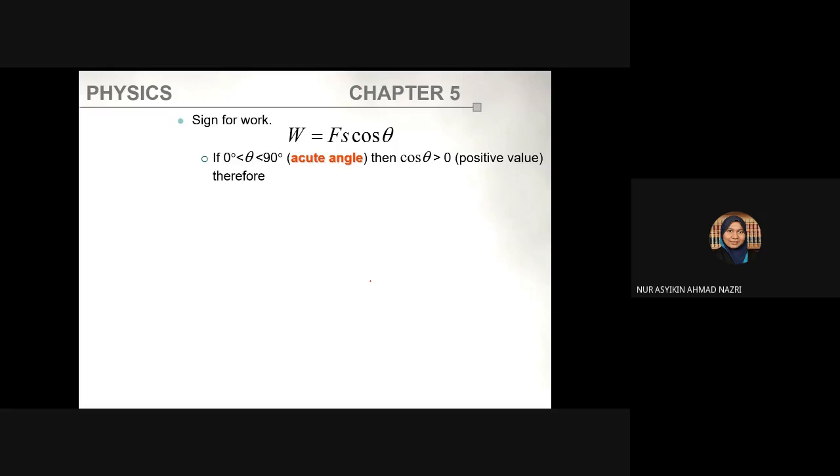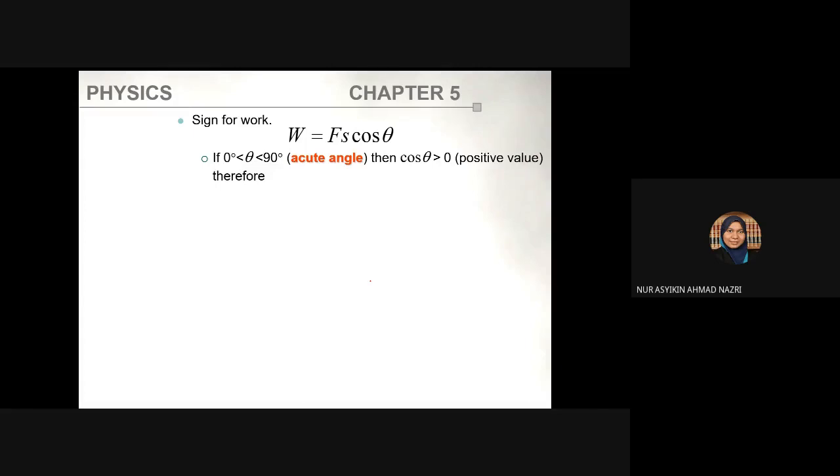Alright, so sign for work. Again, okay, so we have agreed that F dot S or F dot X is the dot product, means that it is scalar. But the sign, mana dapat sign dia? Sign is just to explain that whether dia perlukan work ataupun dia yang memberikan work kepada that system.